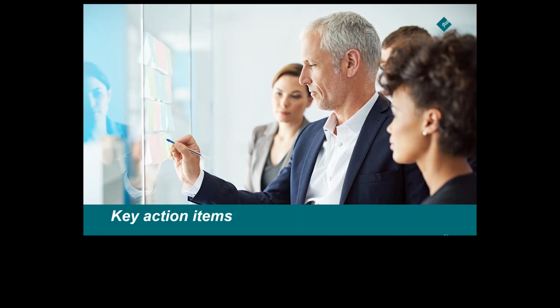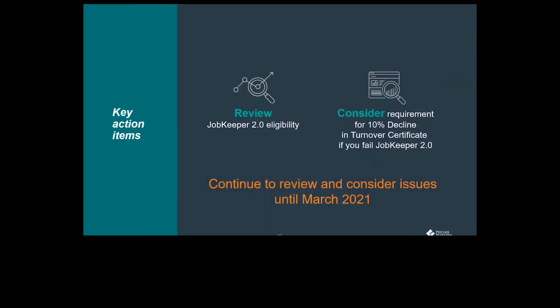So finally, and we're coming towards the end here, I've almost taken up the hour and a half. Thank you for bearing with me. So the key action items moving forward out of this webinar that we recommend you think about are, number one, where do you sit from a JobKeeper 2.0 eligibility point of view, and particularly in respect of the decline in turnover test that is required in respect of JobKeeper payments for fortnights commencing from 28 September onwards.